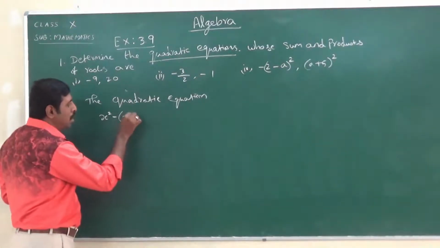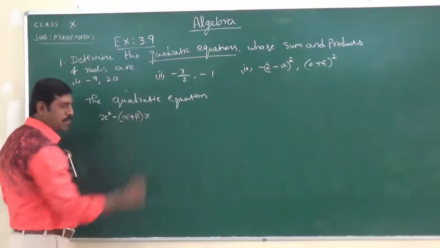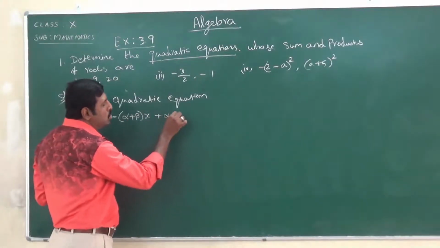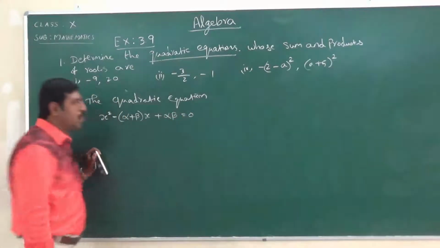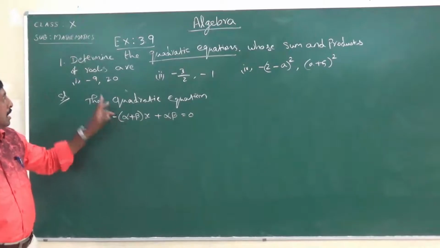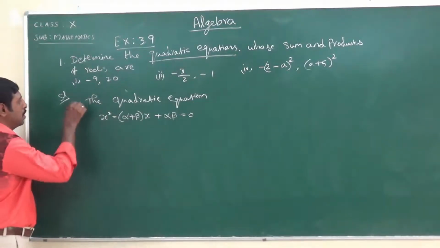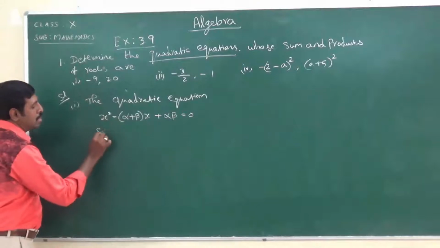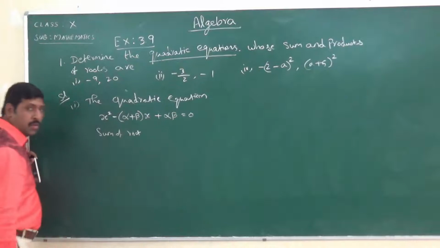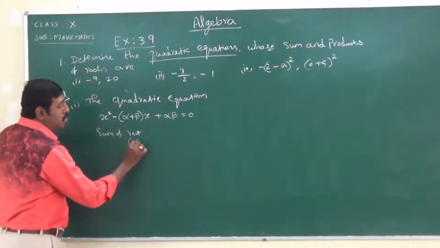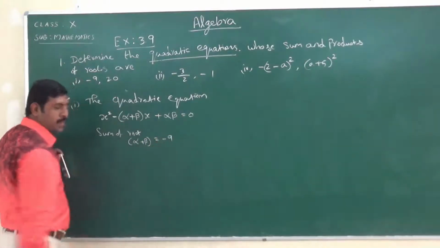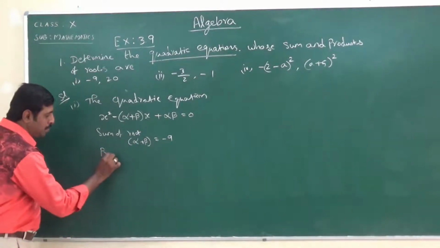So the sum of the roots is alpha plus beta into x, plus the product of the roots, that is alpha into beta, is equal to 0. Here the given values for the first Roman number: the sum of roots, alpha plus beta, is equal to minus 9. And then the product of the roots.